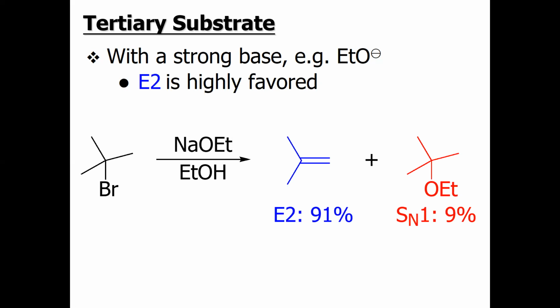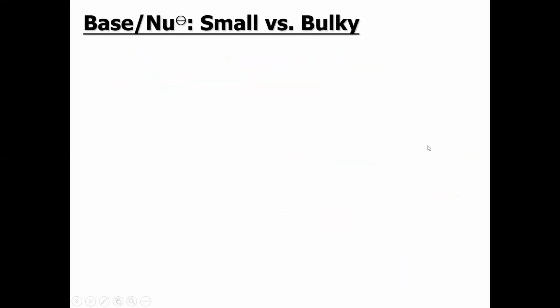So, imagine once you are using a tertiary alkyl halide with a similar strong base, it also favors the elimination reaction. You can see this is 91%. When we have 2-bromo-2-methylpropane with a strong base, you have 91% elimination product, while just 9% is the substituted product, right?